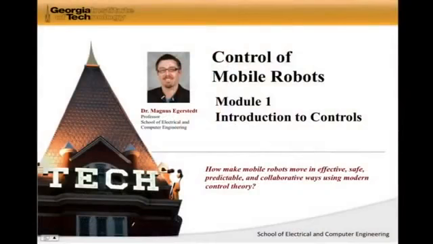teaching this Coursera course, Control of Mobile Robots. And this course is really going to be structured around controls on one side, which is this rather general framework for making dynamical systems do awesome things, and robotics on the other, which is a particular type of system that we're going to be focusing on. And the first module of the course is really going to be on an introduction to controls.